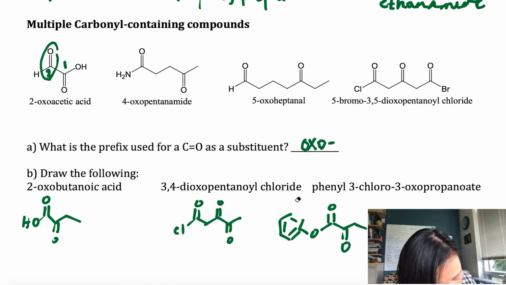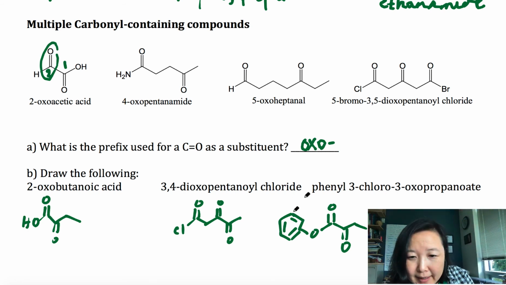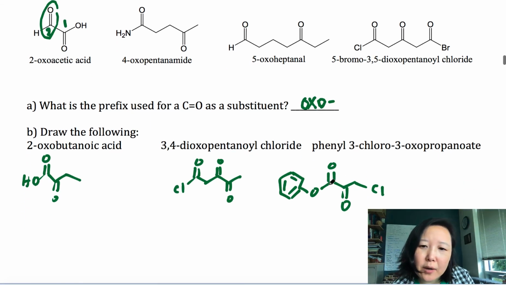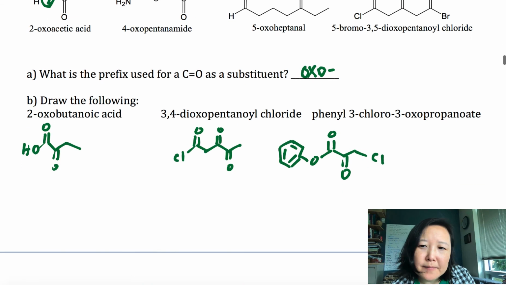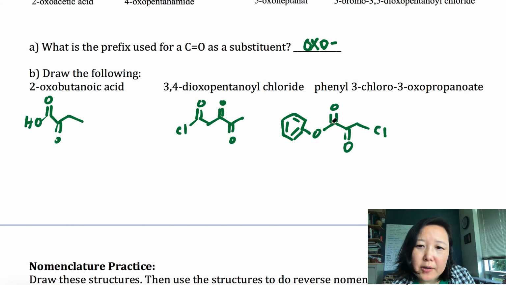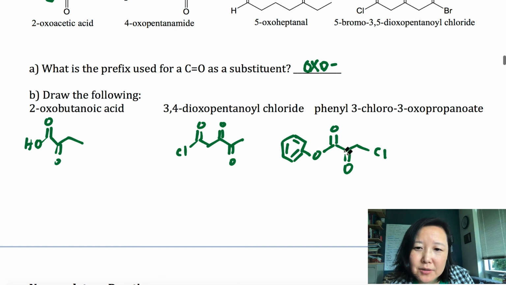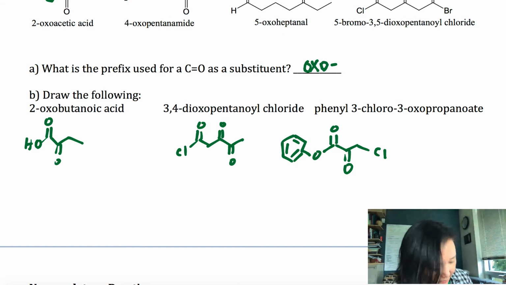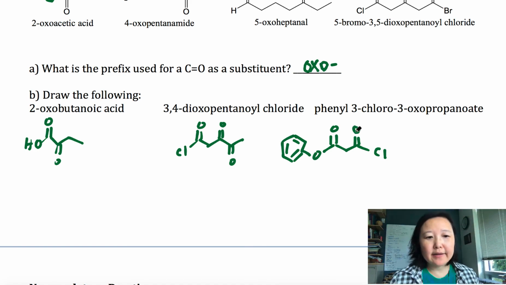Okay, so if I meant chlorine here, I would have to say 3-chlorophenyl, or put that in parentheses somehow. All right, so there we go, 1, 2, 3. Okay, and 3-oxo propanoate, 3-chloro, 3-oxo propanoate. So I actually did 2-oxo. Making all kinds of mistakes. There we go. All right, so that's how that goes.